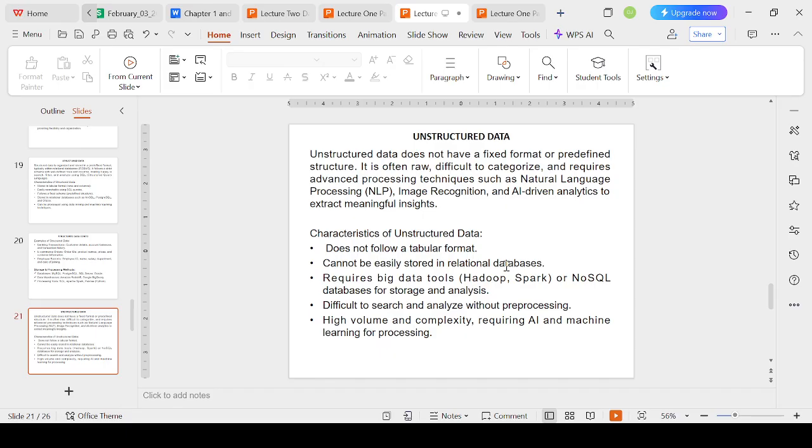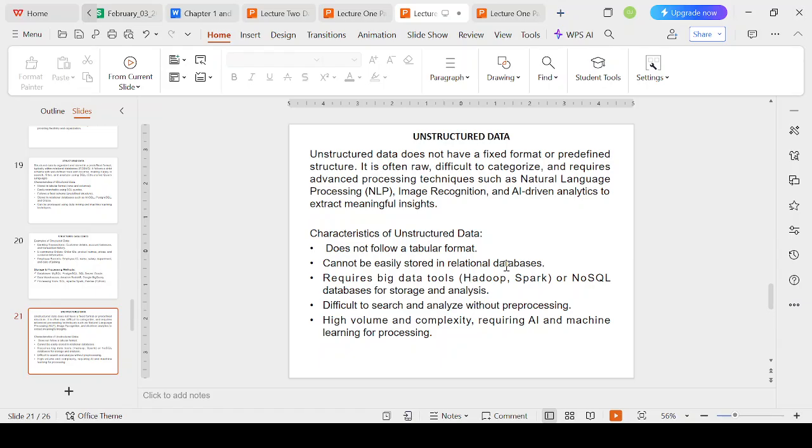Unstructured data does not have a fixed format or predefined structure. It's often raw, difficult to categorize, and requires advanced processing techniques such as natural language processing, image recognition, and other AI techniques to clean. Characteristics of unstructured data: it does not follow a tabular format, unlike relational databases.